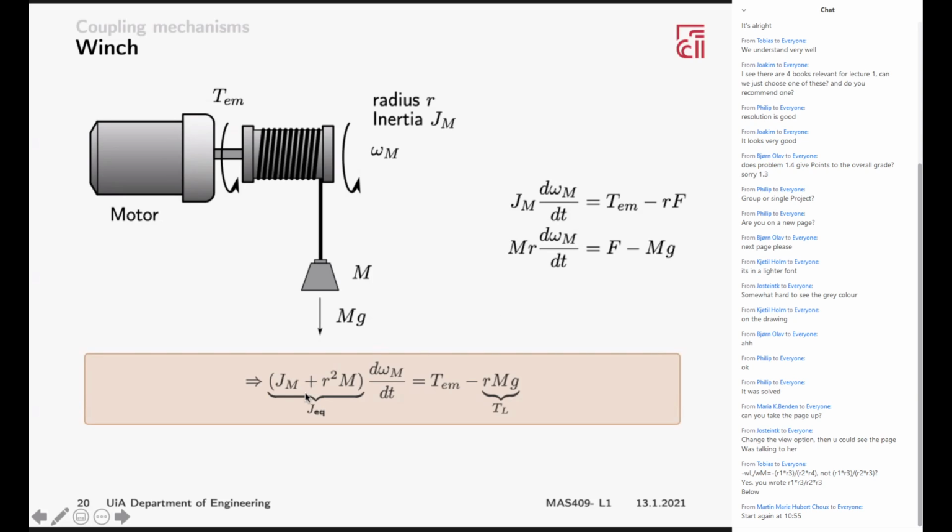So we can put these two together and we get inertia plus r squared m, times d omega m dt, equal to the motor torque minus TL, which is r m g.